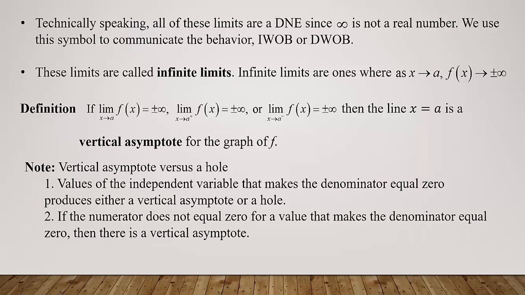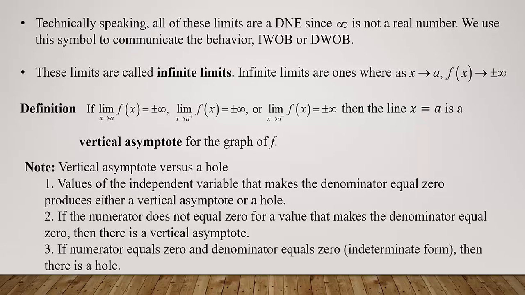If the numerator does not equal 0 for a value of x that makes the denominator equal 0, then that value is producing a vertical asymptote. However, if the numerator equals 0 and the denominator is equal to 0 for a value of the independent variable, well, think about that. You'd have 0 over 0. That's an indeterminate form. Well, then that value is producing a hole.